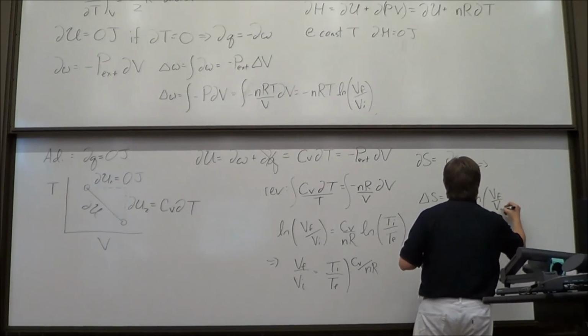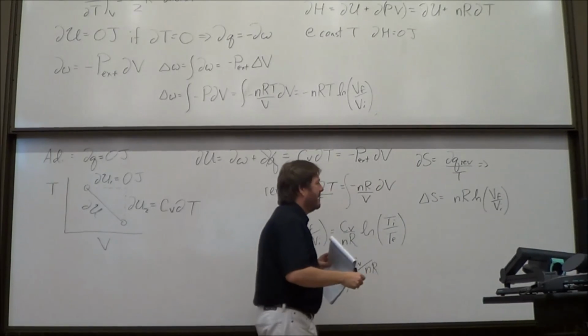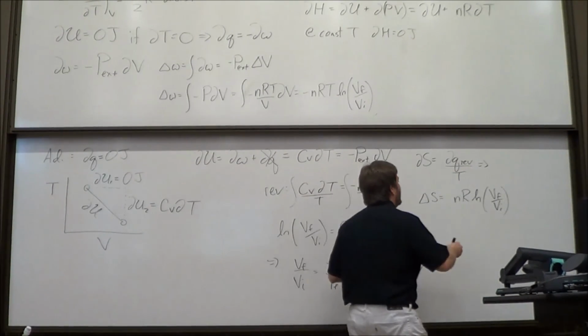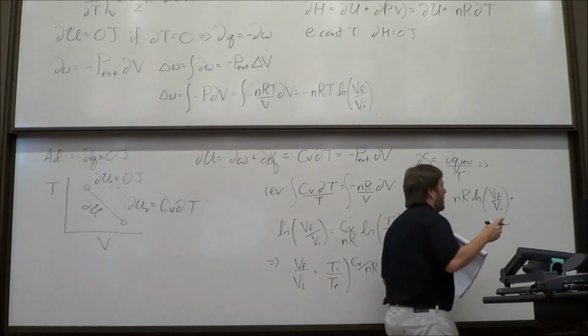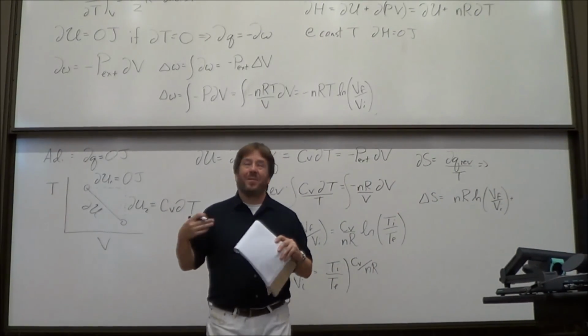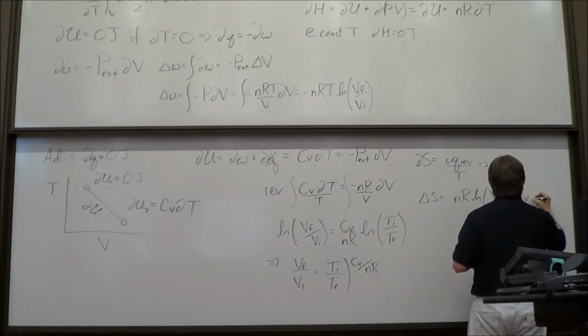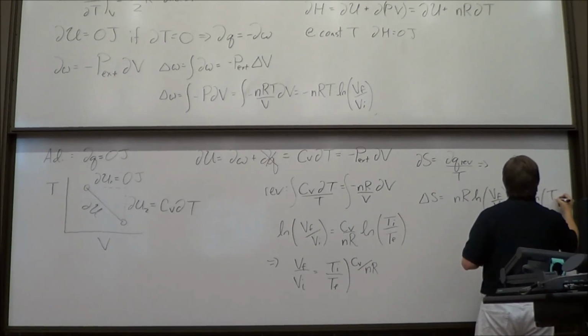I showed you that there were two ways to derive that. Whatever, there it is. That's isothermal, but if I wasn't isothermal, I would need to think about that heat transaction, even though it's formally zero. Again, we keep seeing CV show up, and you end up with ln TF over TI.